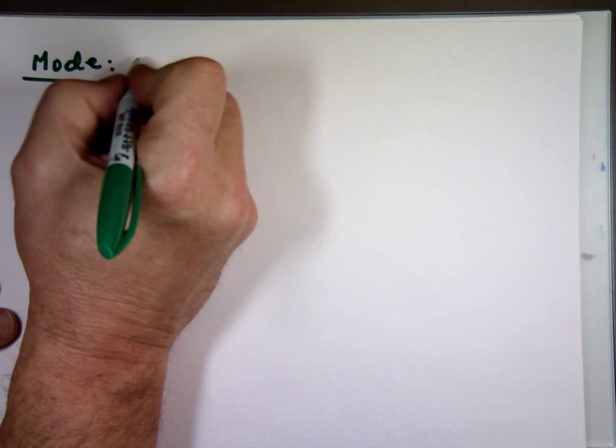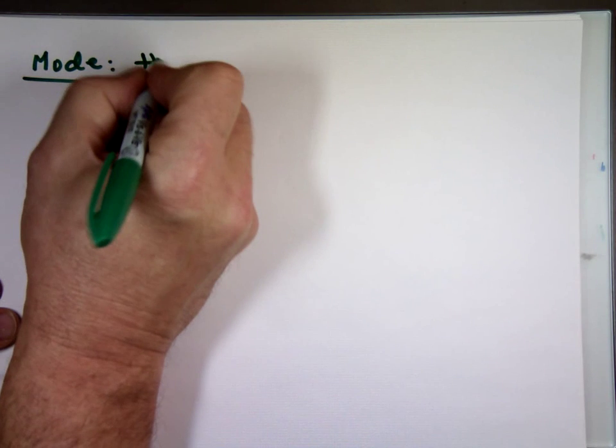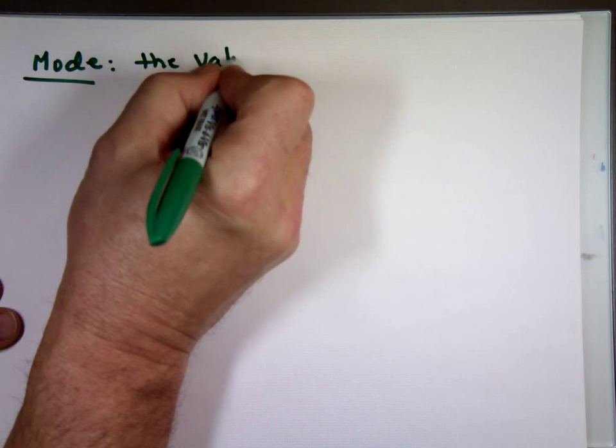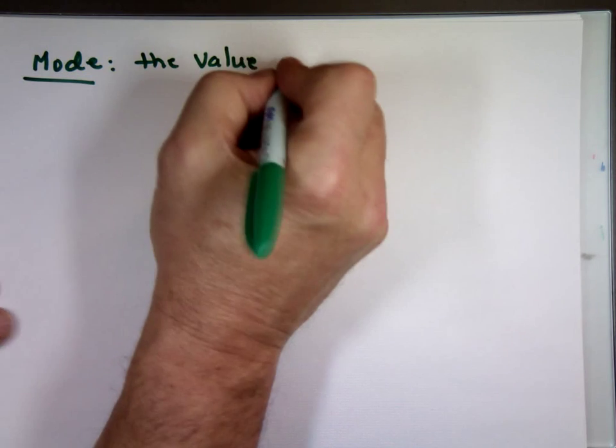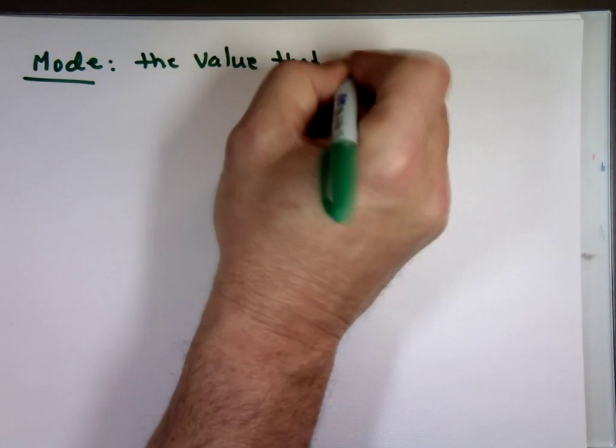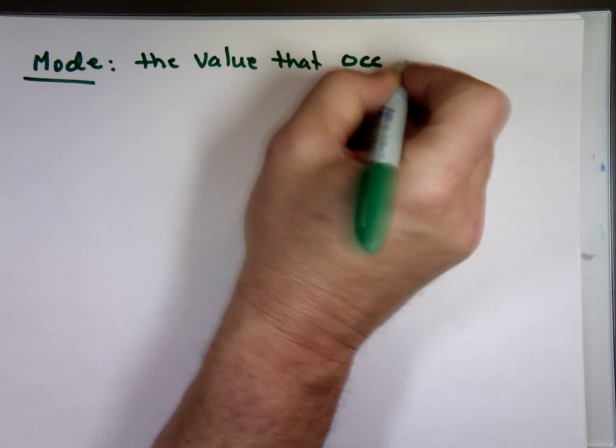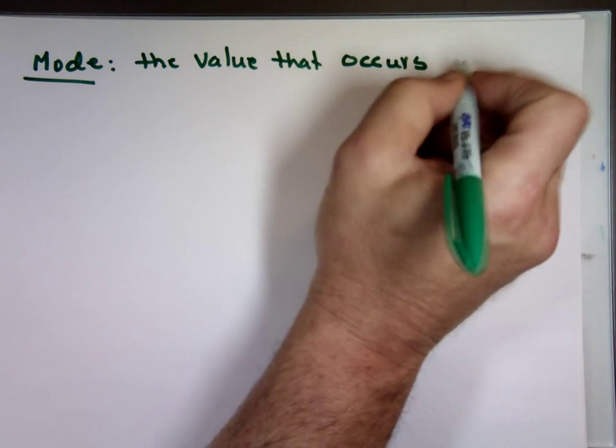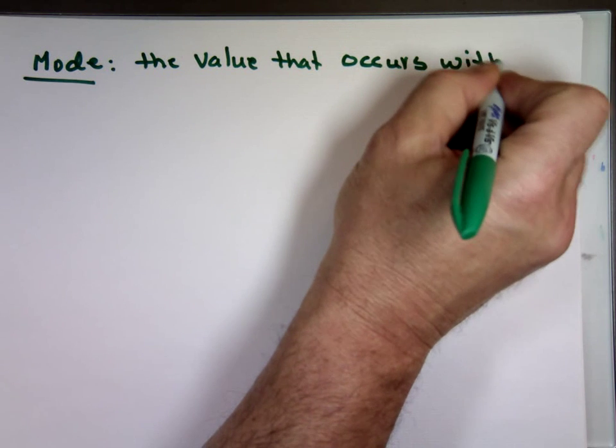Definition: the most frequent value. Sometimes more than one value, could be values that occur with the greatest frequency.